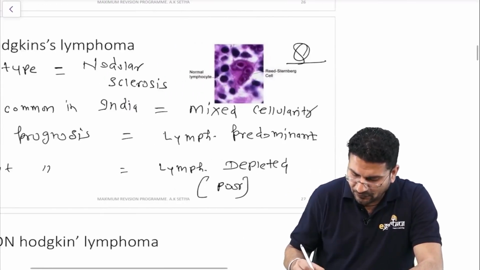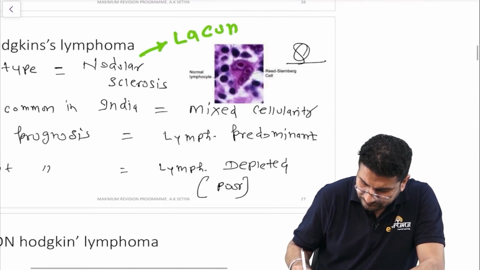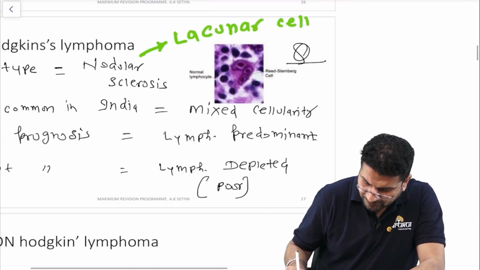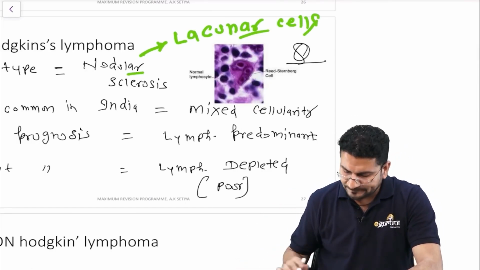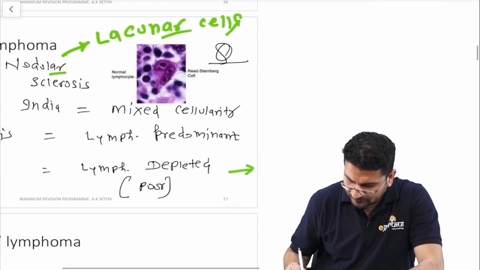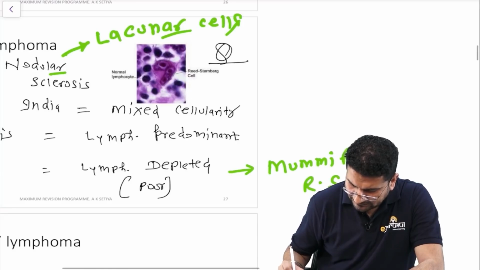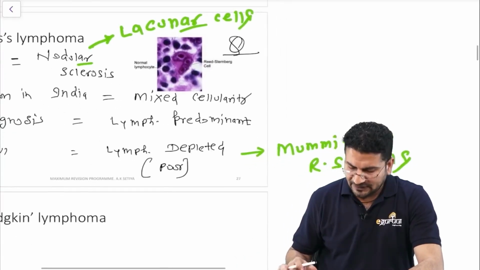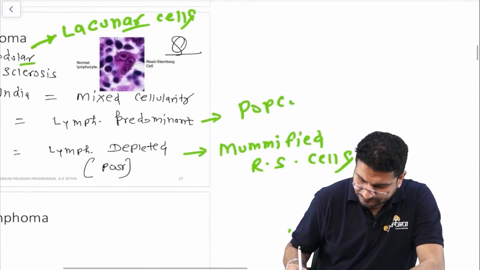In nodular sclerosis, we will see lacunar cells. So remember, lacunar, nodular. In lymphocyte depleted, you will see mummified Reed-Sternberg cells. And in lymphocyte predominant, we see popcorn cells.